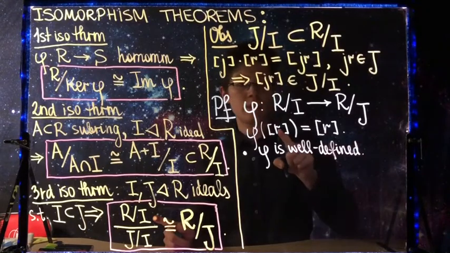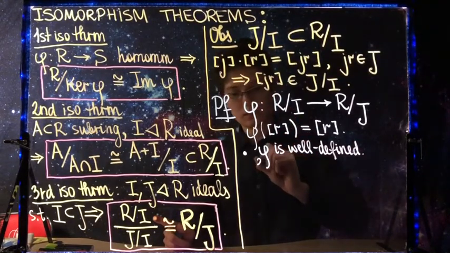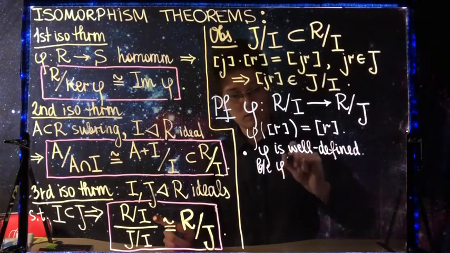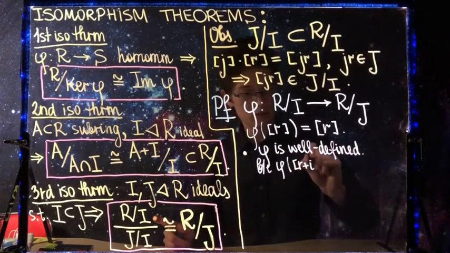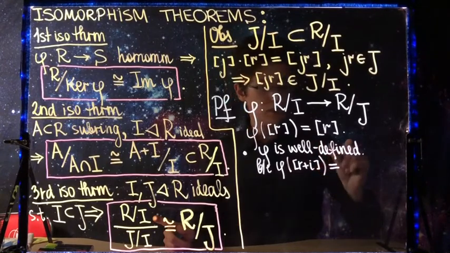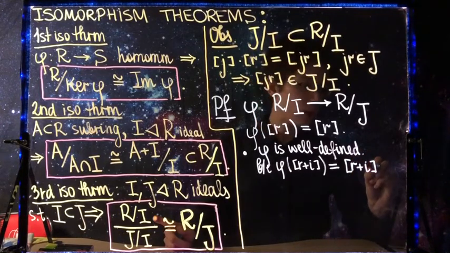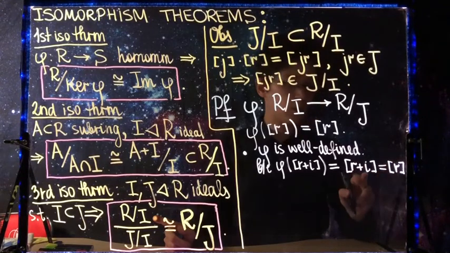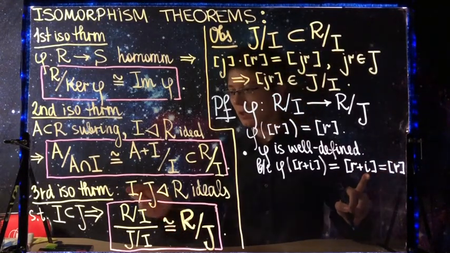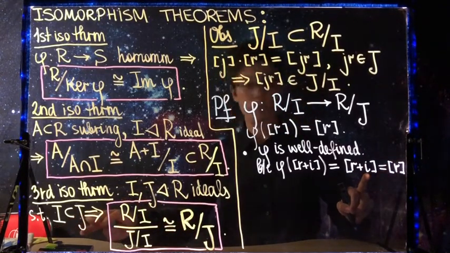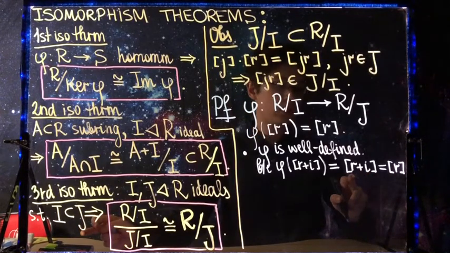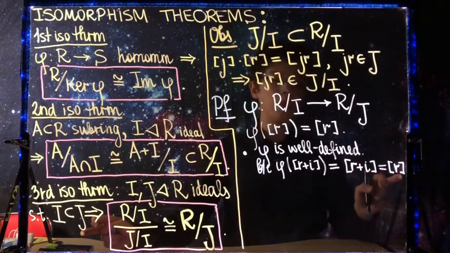because if we take an element r plus i, then the equivalence class of r plus i is equal to the equivalence class of r, because i, living inside of I, also lives in J, and so we move back by i to get r.